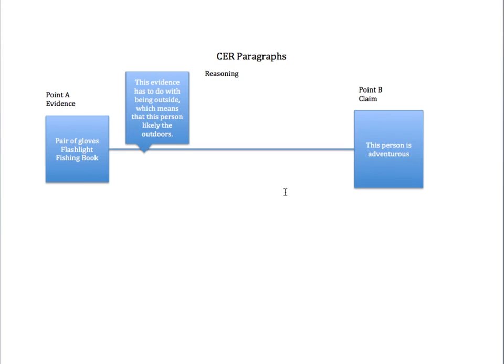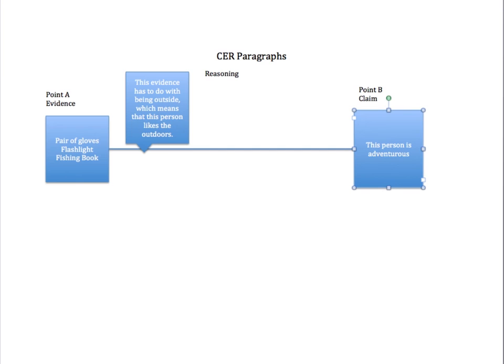All this evidence has to do with being outside, which means that this person likes the outdoors. Okay, so now what I have to do is I have to connect this word, outdoors, to this word over here, adventurous. I have to show the reader how I got from the person liking the outdoors to being adventurous.